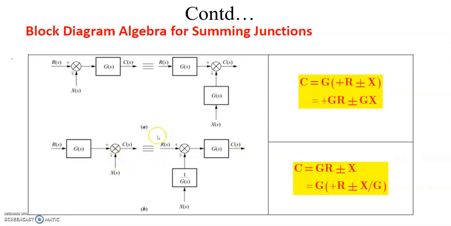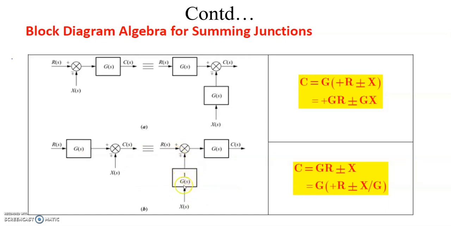Similarly, the next one is moving the summing point before the block. Here I am changing the summing point before the block G of S. So you put 1 by G of S for the corresponding branch.